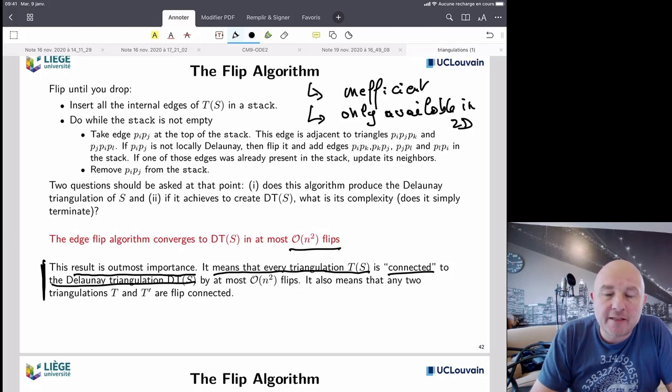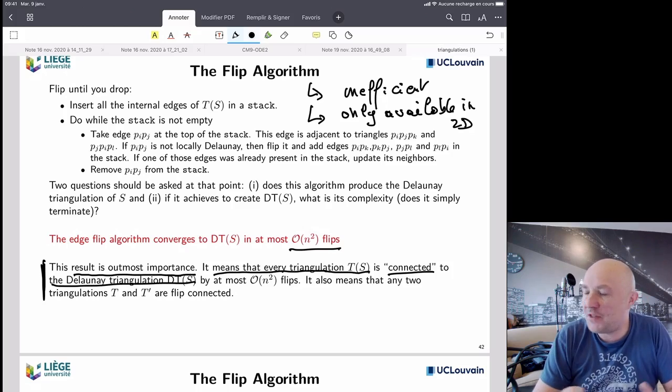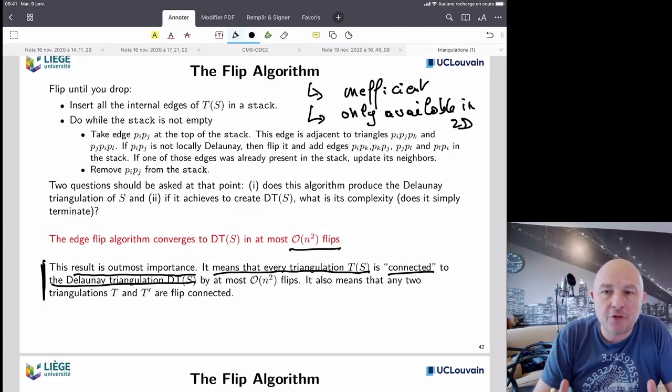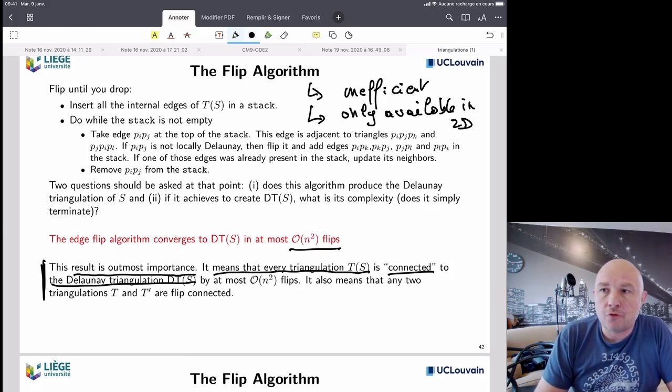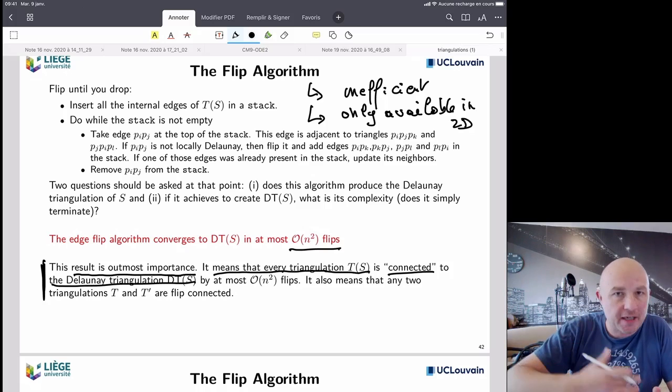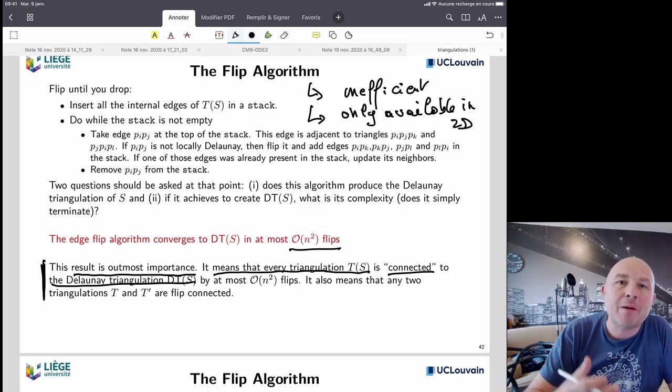The answer is probably no. Most researchers in the domain, including me, have good evidence that the answer is no. I have no proof. If anybody does prove that, it's a major result. But for today, the consensus in the scientific community is that in 3D, we don't know if tetrahedrizations are flip connected, but the answer is probably no.